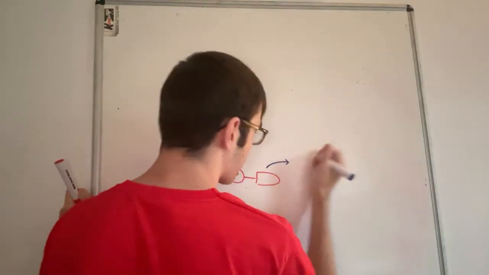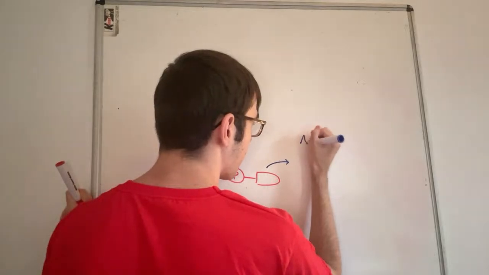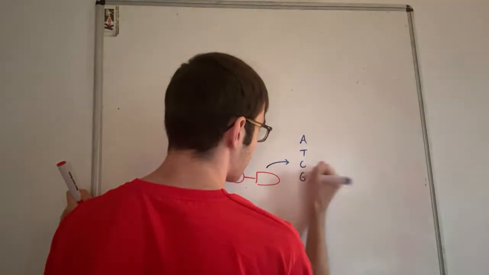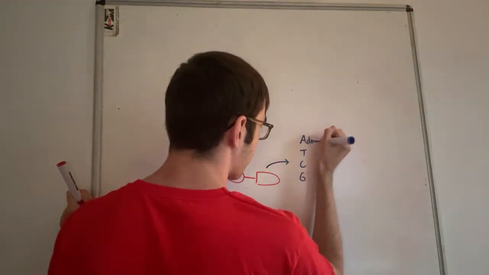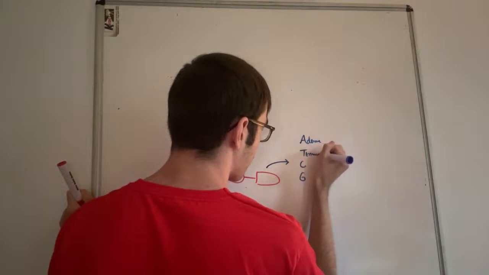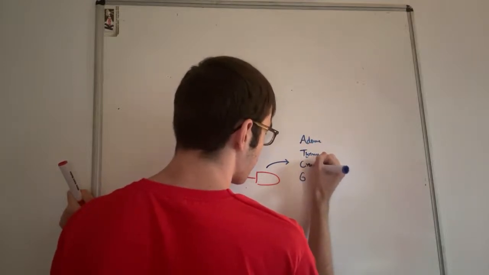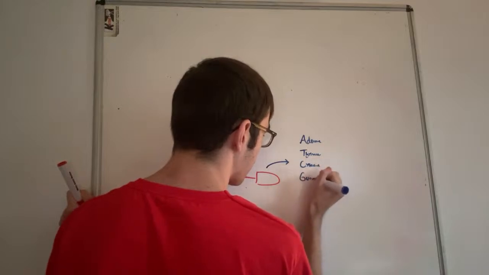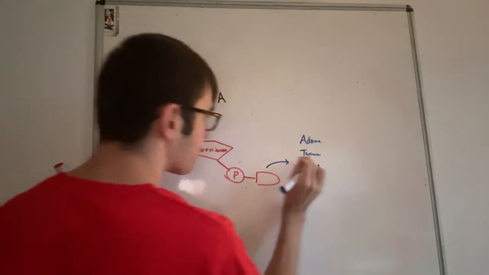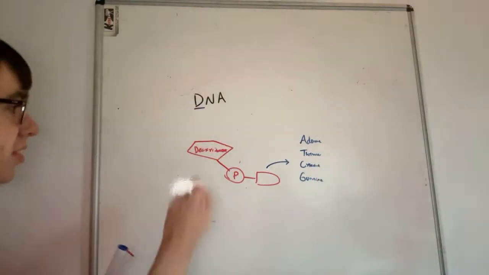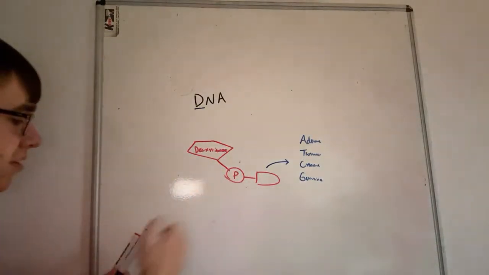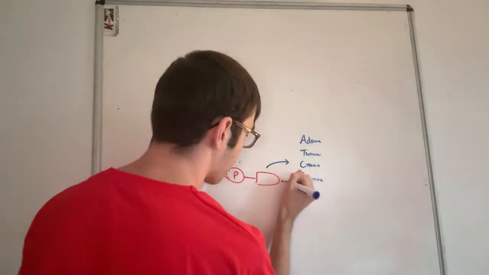Let's look at the base quickly because it can either be A, T, C, G: adenine, thymine, cytosine, or guanine. So deoxyribose, inorganic phosphate.